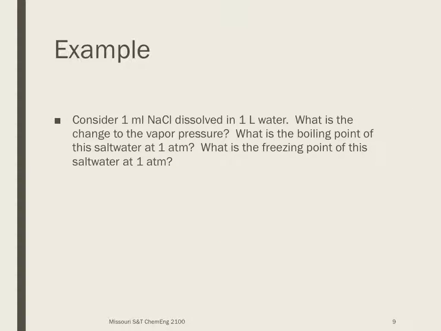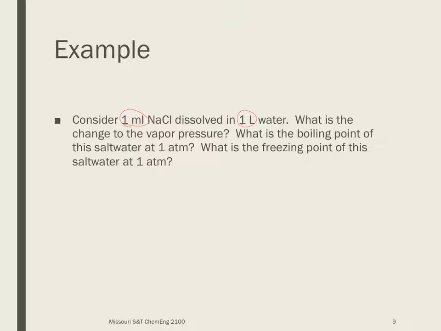So we'll do a little example here. Again, we're going to do it for NaCl because it's easy. Not very correct, but it's easy. So we want to consider 1 milliliter of NaCl dissolved in 1 liter of water. We want to see what that effect is, not adding very much, right? 1 milliliter and 1 liter, so I'm adding 1/1000th.